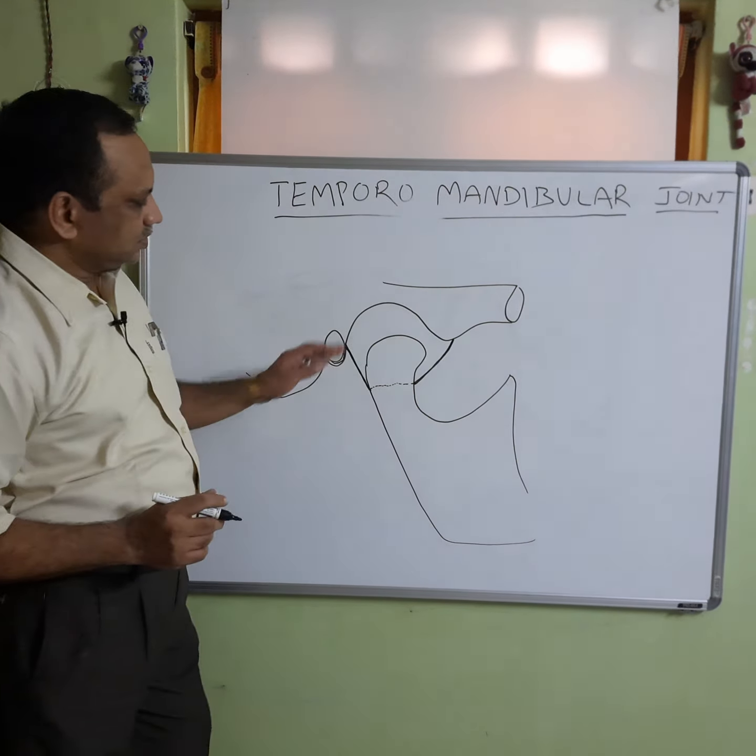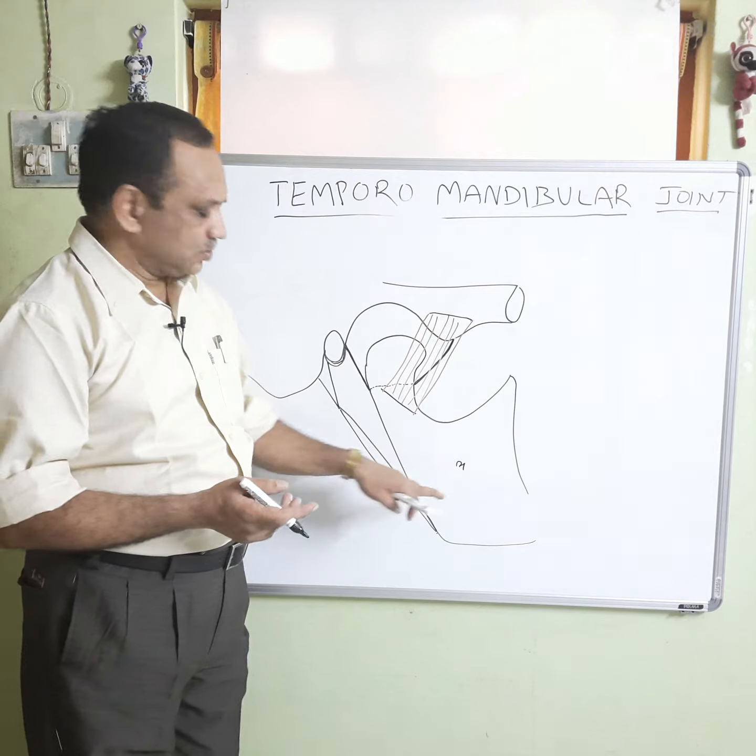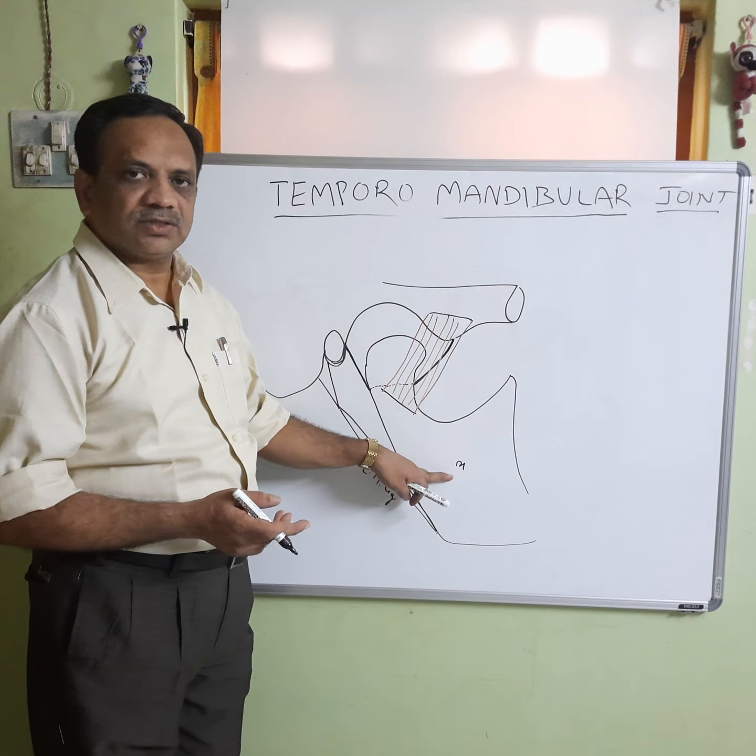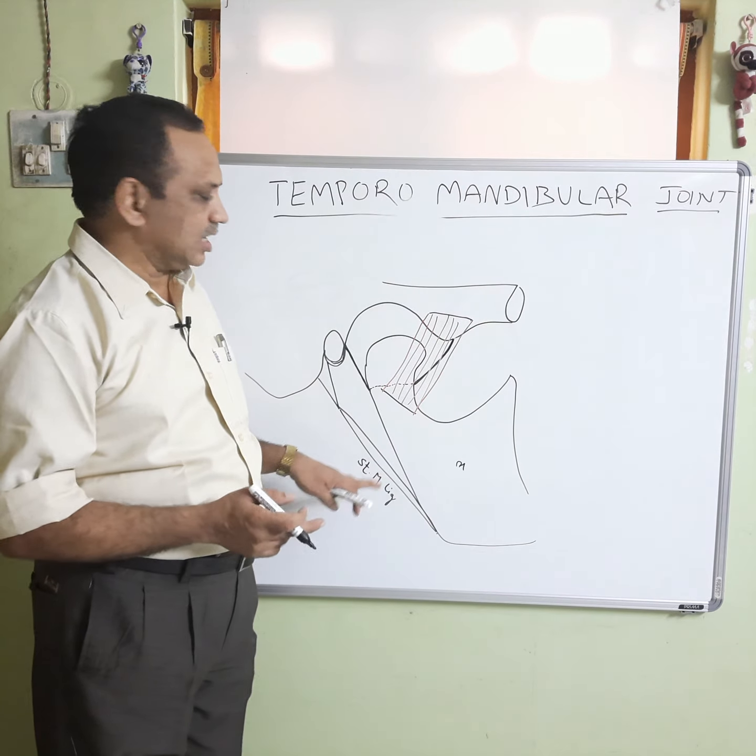On the medial aspect of the ramus, there is a mandibular foramen and a lingula, a small projection, and the sphenomandibular ligament, which is the remnant of the fibrous covering of Meckel's cartilage, is attached there. So these two stabilize the joint, so they are called accessory ligaments.